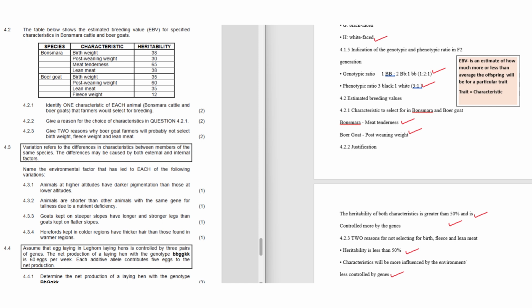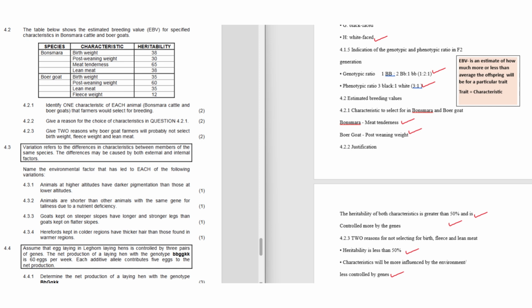Heritability, we have 88, 65, and so on. Then 4.2.1, identify one characteristic of each animal, one characteristic for Bonsmara and one for the Boer goat. This characteristic is going to be the one that farmers will select for breeding.